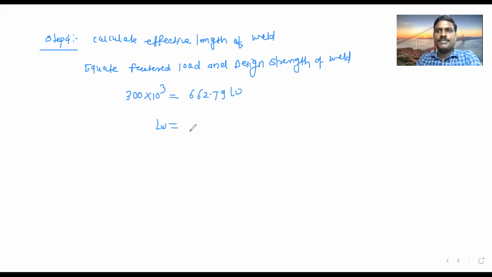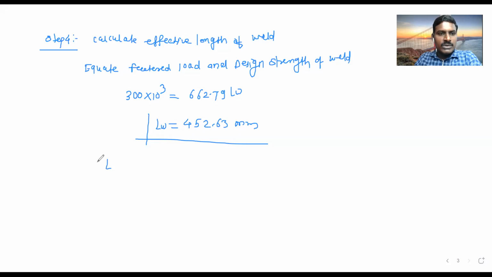How much is LW now? 452.63. 452.63 mm is the total length of the weld, for both angles at top and bottom.